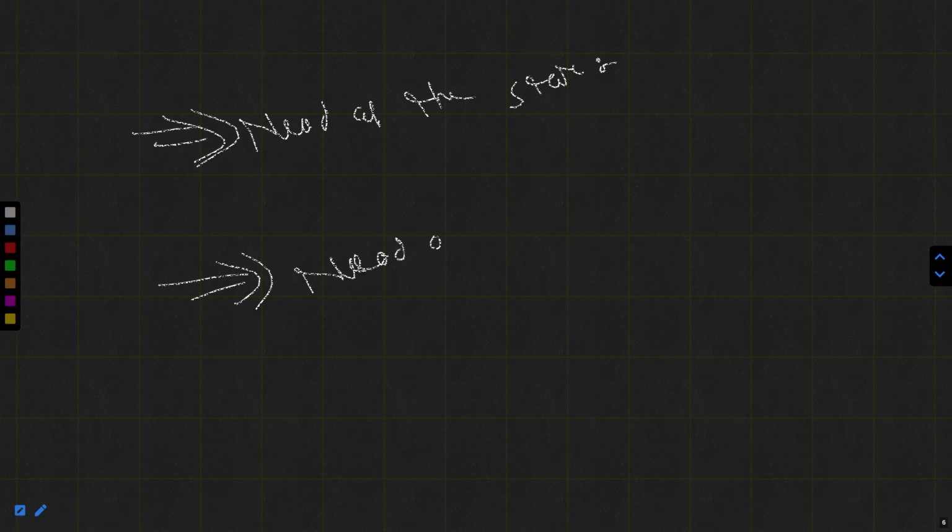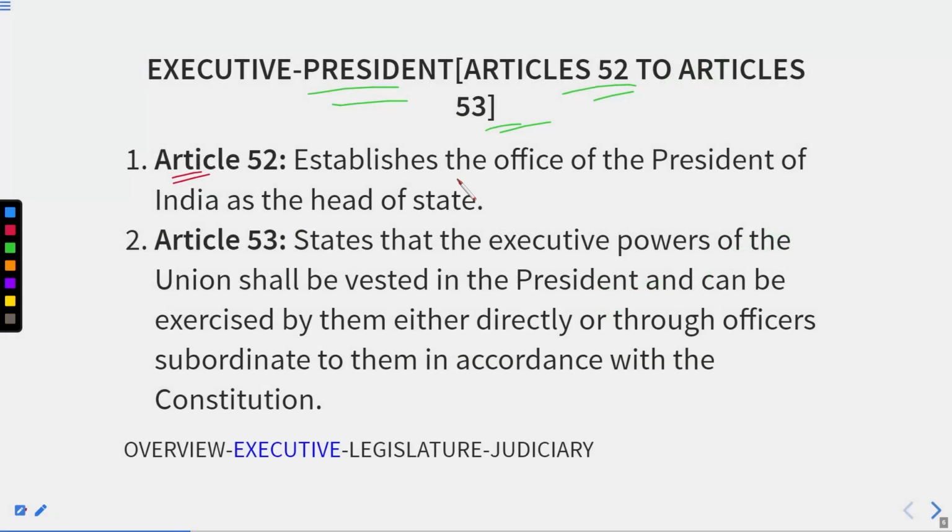Head of the state is the president. Head of the government is the prime minister. Please keep this in your mind. By virtue of Article 52, the president has been established as the head of the state.